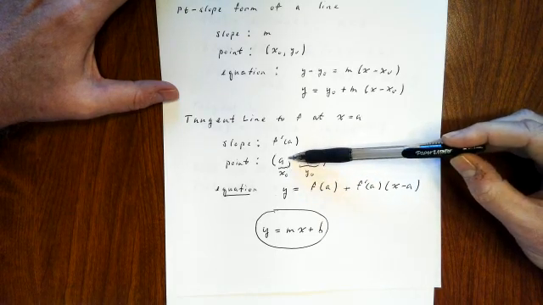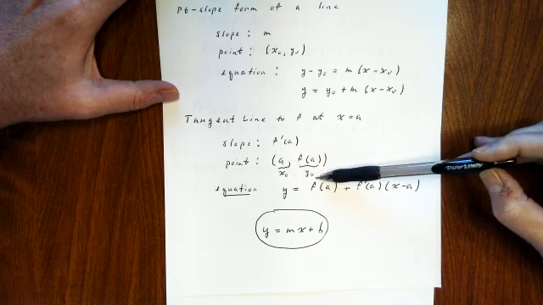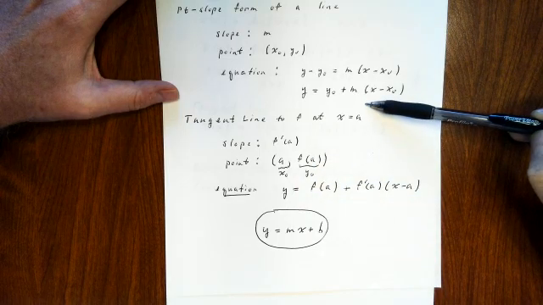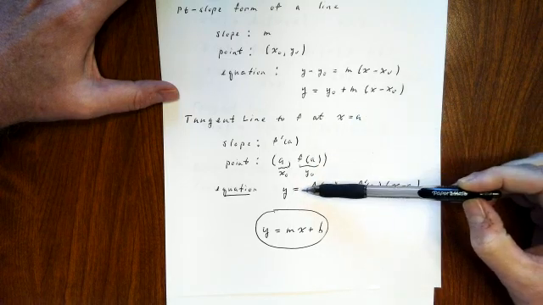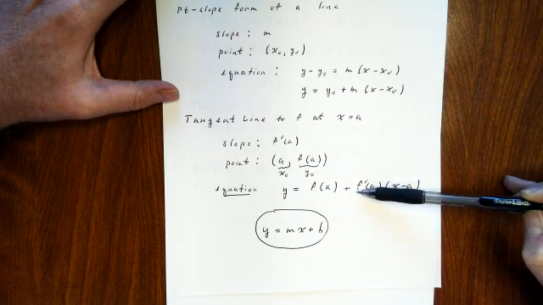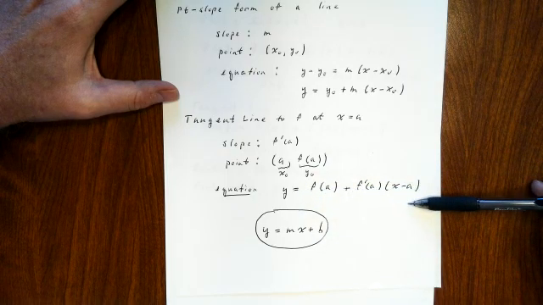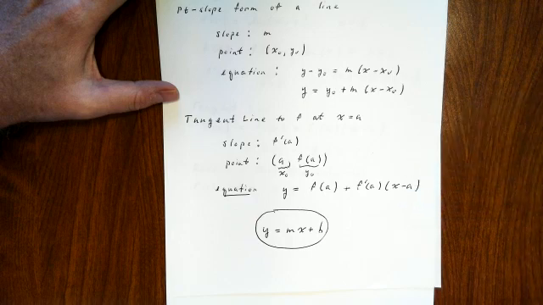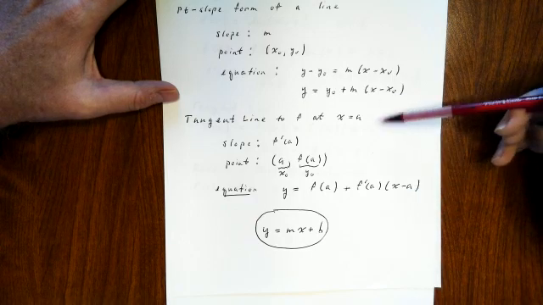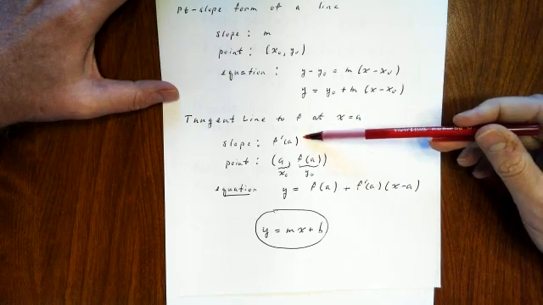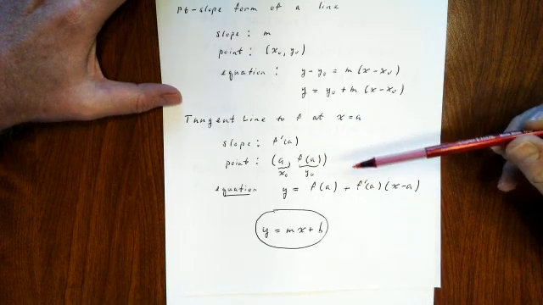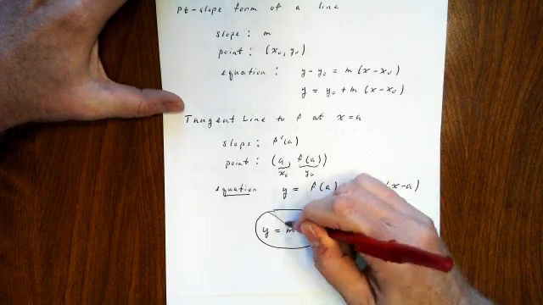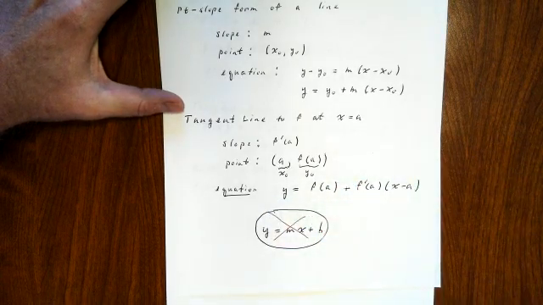So think about a as x0, f of a as y0 in the above formula. If I plug everything in, I get y equals f of a plus f prime of a times (x minus a). This is the standard equation of the tangent line. And we use the point-slope form because we usually have a slope given by the derivative at a point. So in Calculus 1, we try to wean students off of slope-intercept.